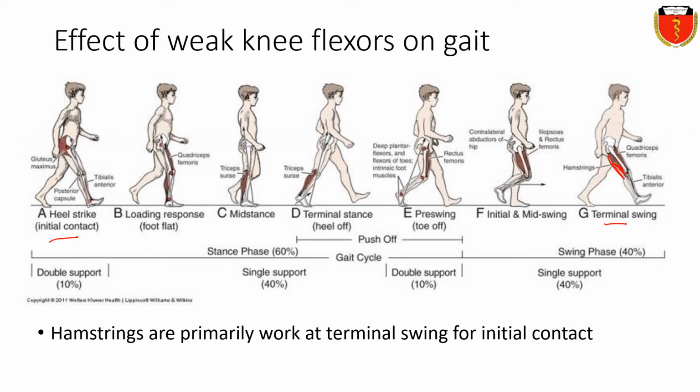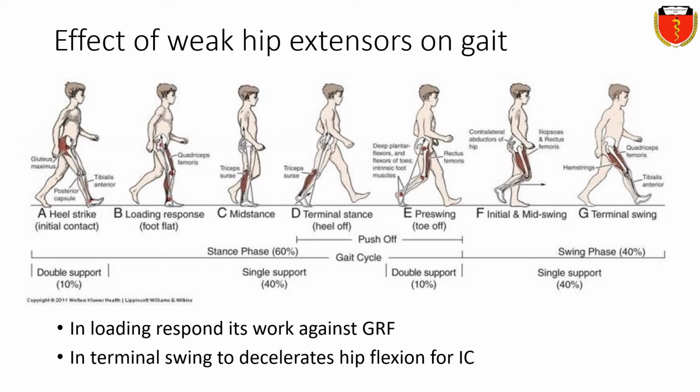So if the knee flexors are weak, the knee will go into hyperextension at initial contact, and control over the knee joint capsule in the extension motion will be lost. That's what happens if the knee flexors are weak.